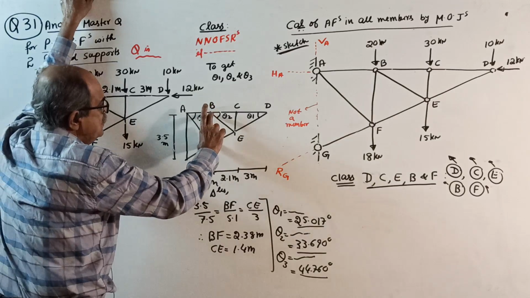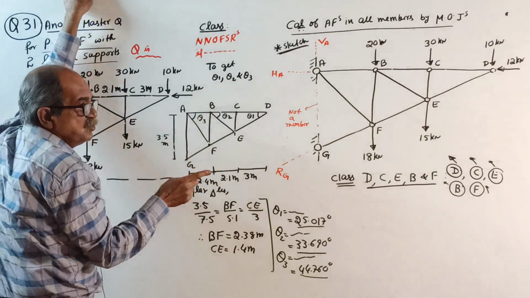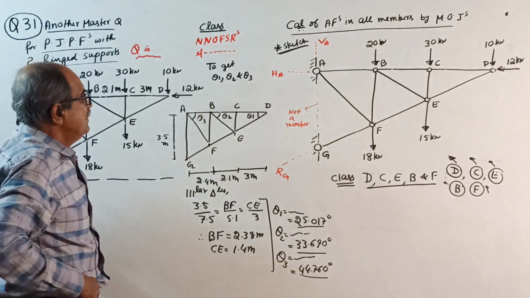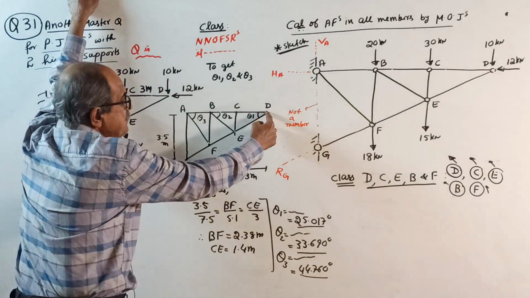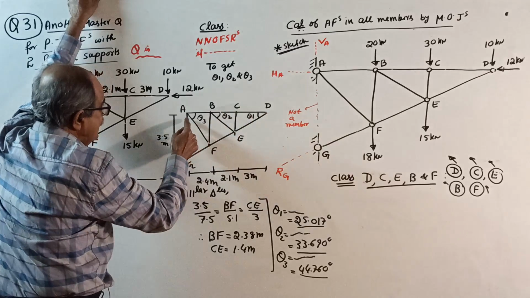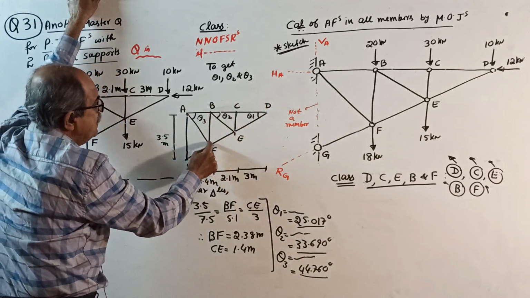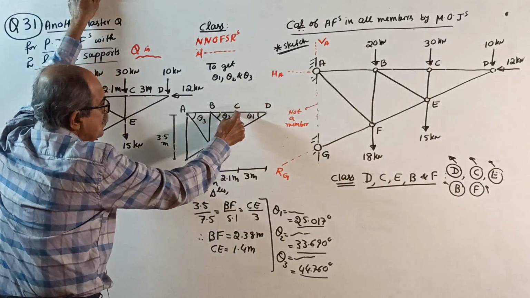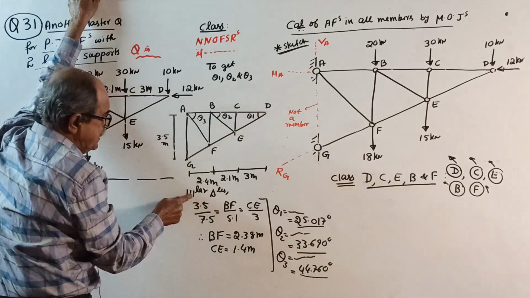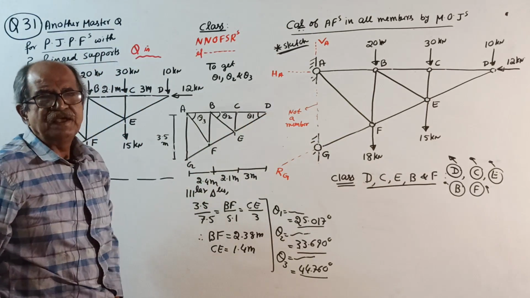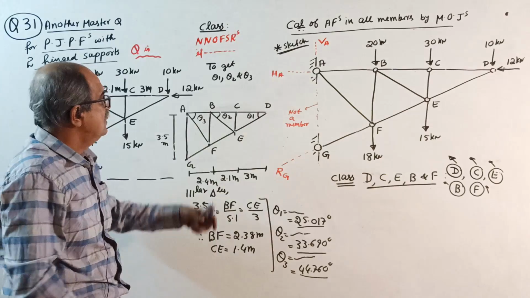To get theta 3, you require this height. Those who are serious, write everything. From similar triangles, AG divided by AD equals BF divided by BD equals CE divided by CD. You write it; I am not writing. Don't expect me to write high school mathematics here.